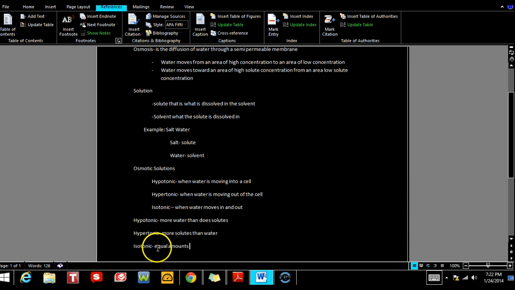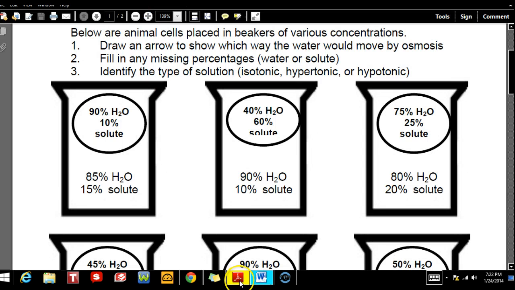And the isotonic is going to be equal. In this example we have a cell in a beaker, and we're talking about these in relation to each other.